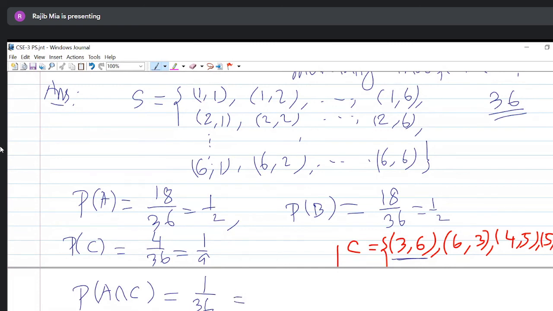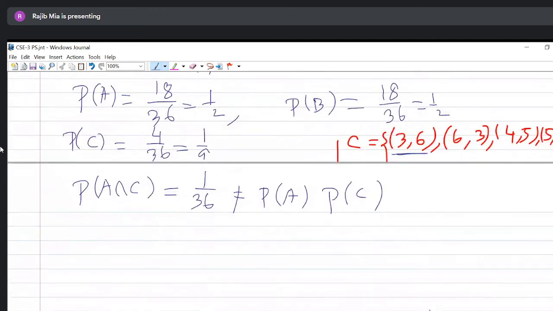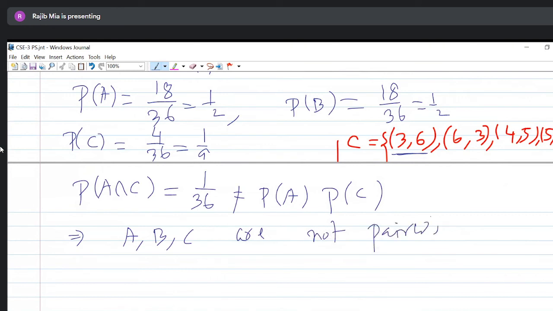Obviously this is not equal to probability of A into probability of C, because probability of A is half, probability of C equals 1 by 9. So probability of A intersection C is not equal to probability of A into probability of C. So this implies A, B, and C are not pairwise independent.